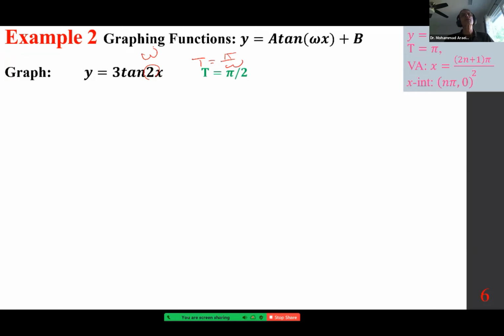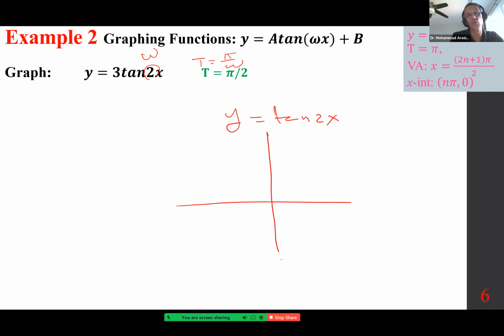And what happens is, if people are looking at just the basic, let me just show you y equals tan 2x, let's say. And if this is the case for one complete period, we would graph the same thing here.